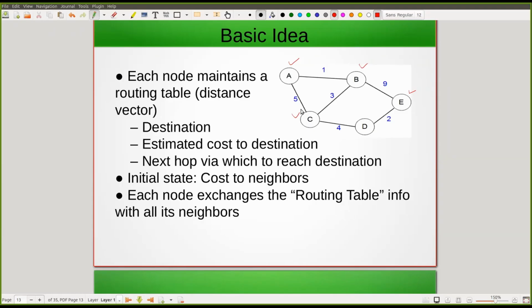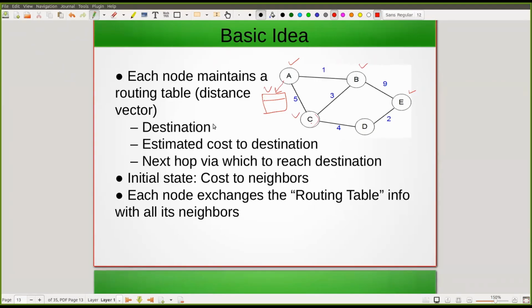For example, in this diagram, node A knows the cost of going to B, that is 1, and the cost of going to C, that is 5. This much information is maintained in a table at node A. That is called the distance vector: the cost of going to its neighbors C and B, along with the next stop through which the packet has to travel.